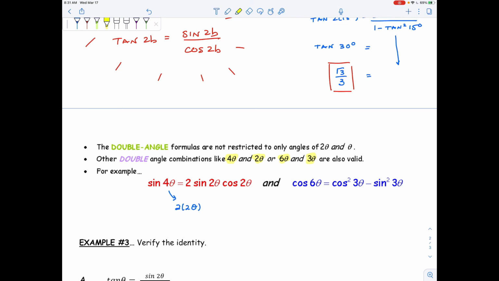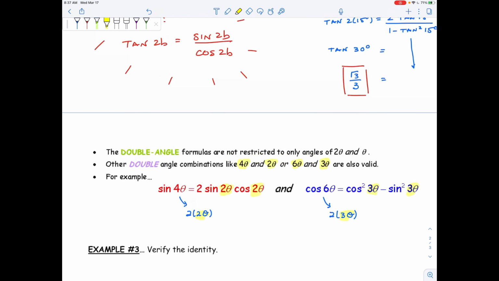So you're just doubling all of the angles from their original angle. And then here, you're doubling 3 theta. So as you can see, you've just really tripled all of the angles in the formula, and so you can scale those up to create a lot of different other identities.